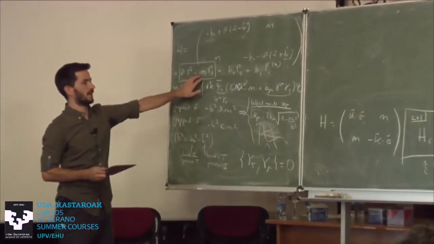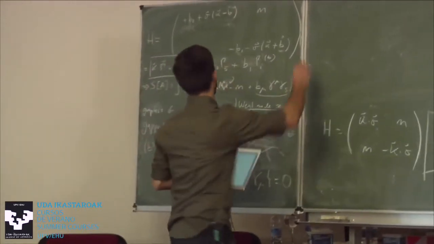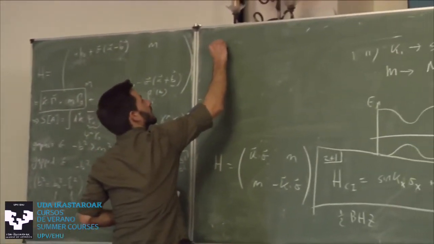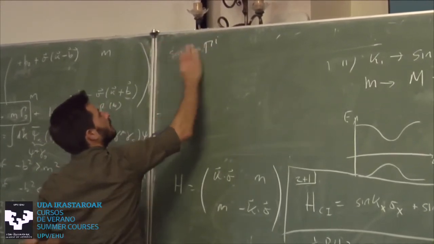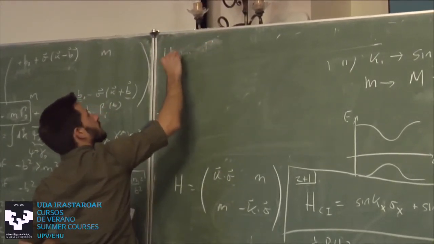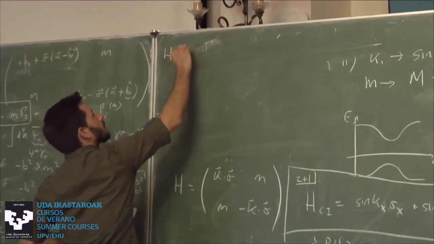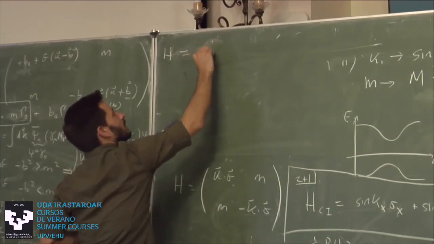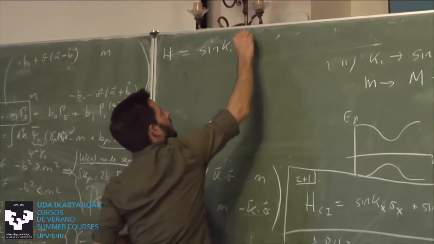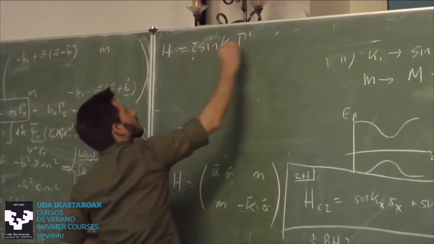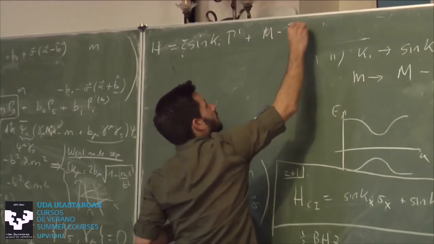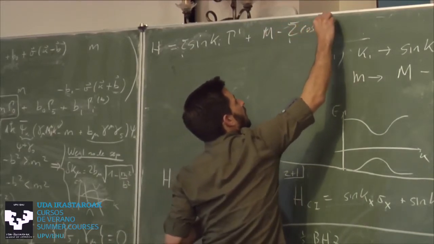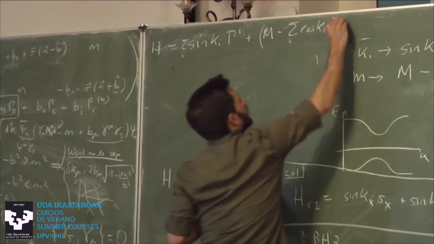Okay, so now I'm going to apply what I just said, and I'm going to get sine ki gamma i, plus m minus sum over cosine ki, gamma 0.